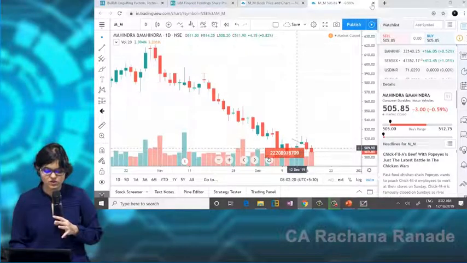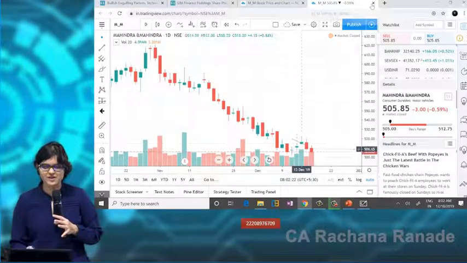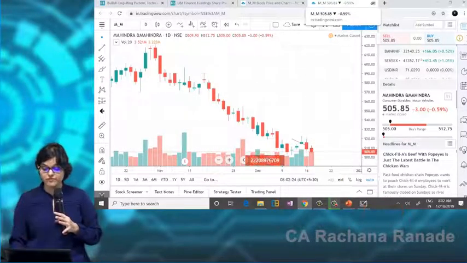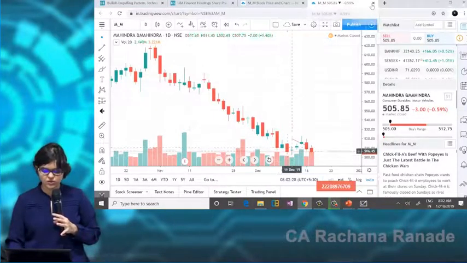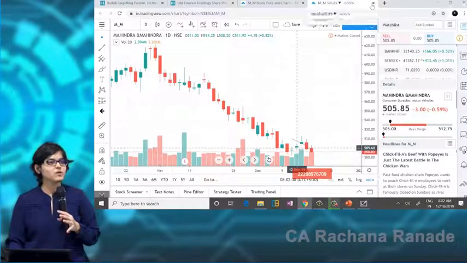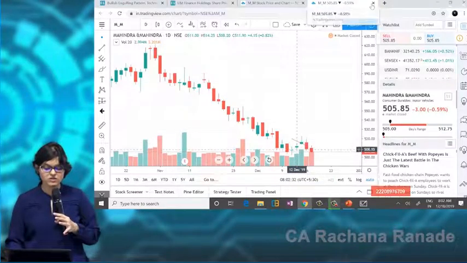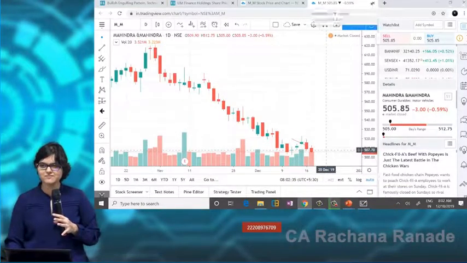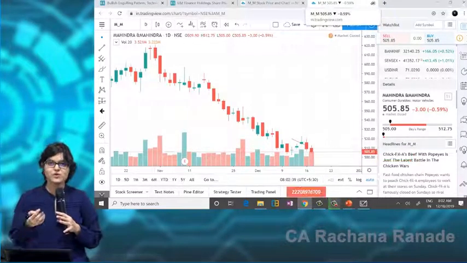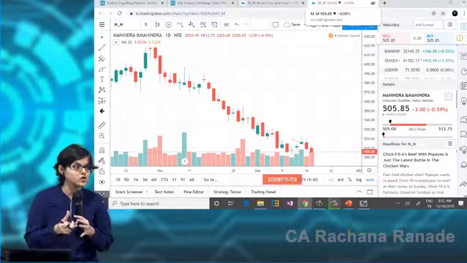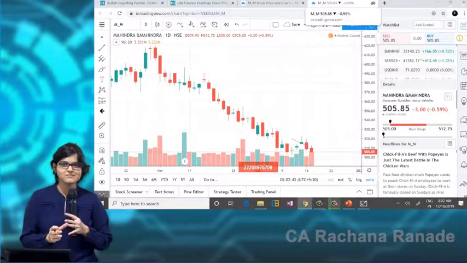But the third one was not a big bullish. Third one should have been a big bullish, no? See, this one was a big bearish. This one was a doji. This one is not a big bullish. And here you can see, because the third one is not formed, it's still not convincingly going higher. Correct? So it was a good example, in fact, for a wrong morning star call.